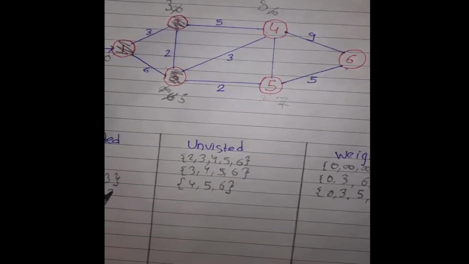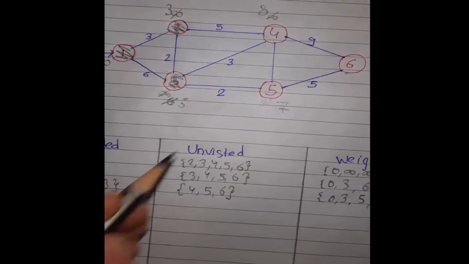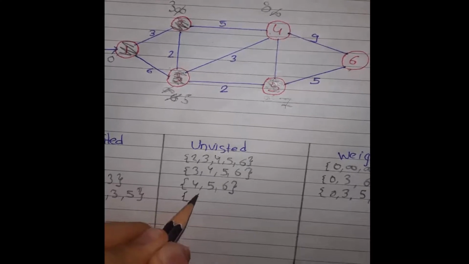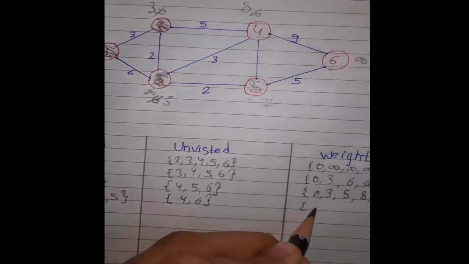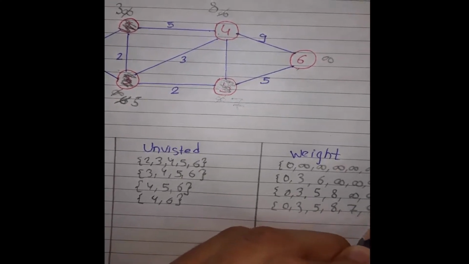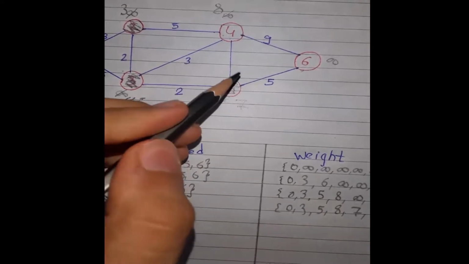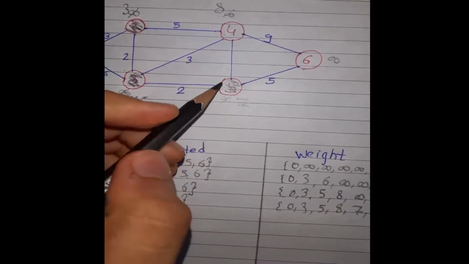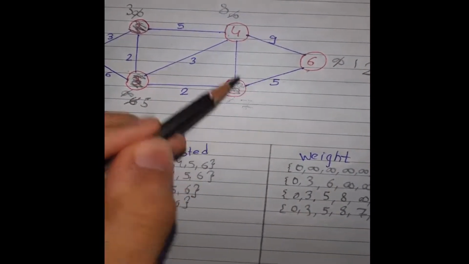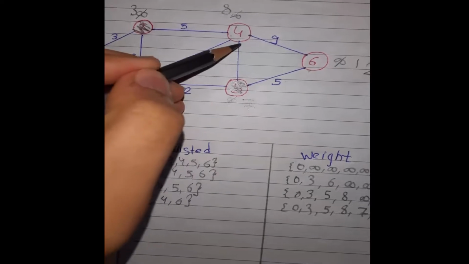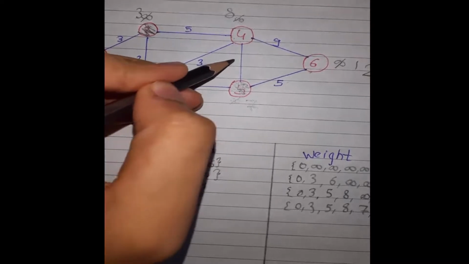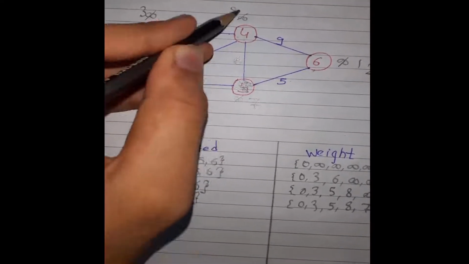So 1, 2, 3 and 5 are updated, visited. So marking it as visited, remaining are 4 and 6. So weights are 0, 3, 5, 8, 7. Remaining is infinity. So we are at 5. So again 7 plus 5, this is 12, and obviously this is greater, because this node is 6 here, so this is always greater.